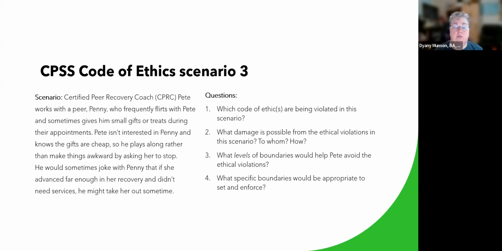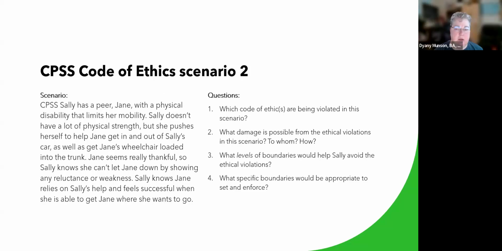So what levels of boundaries would help Sally avoid the ethical violations? So that's internal, external, and you guys were kind of giving this before: internal, external, physical, emotional, both.